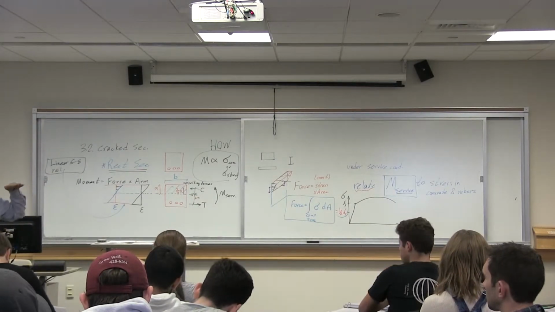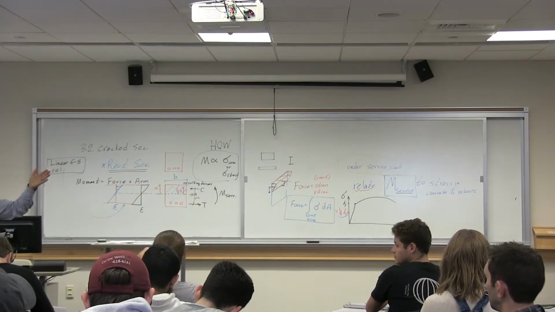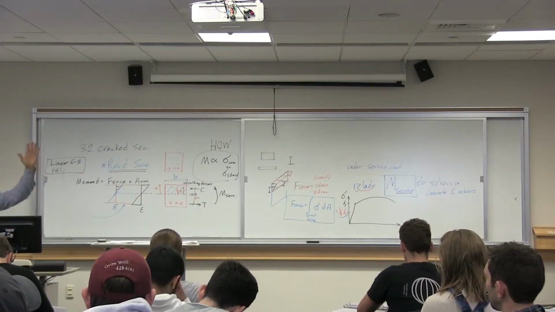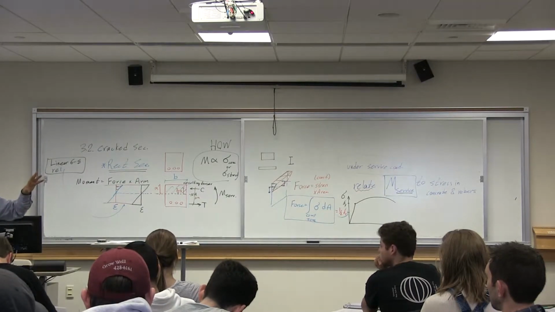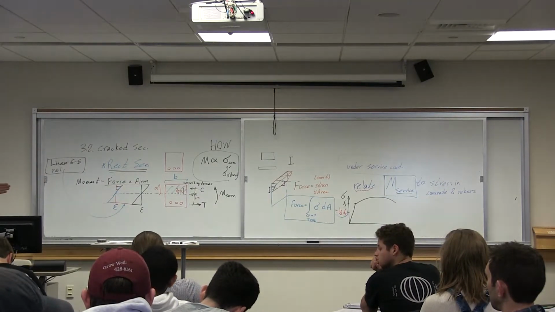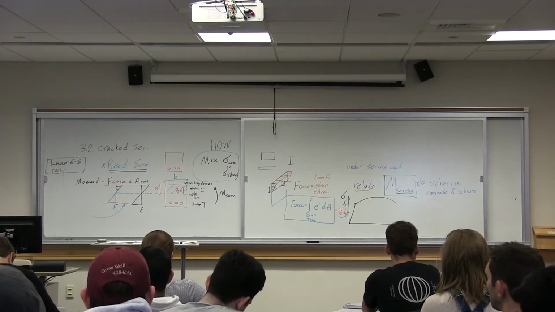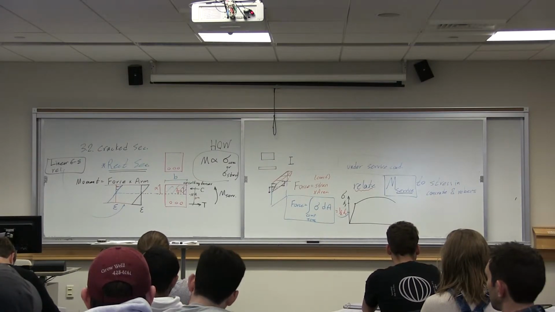Sum of the forces in the horizontal direction has to be 0. Sum of the forces in the vertical direction needs to be 0. Sum of the moments needs to be 0. The fact that sum of the forces in the horizontal direction is 0 means the values of C and T should be equal.